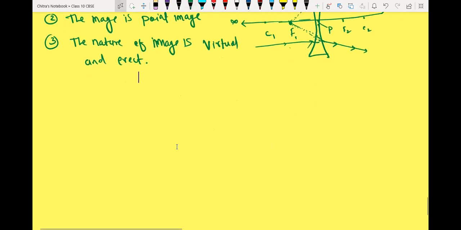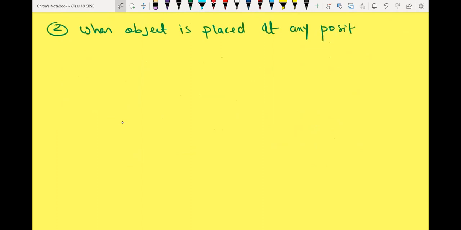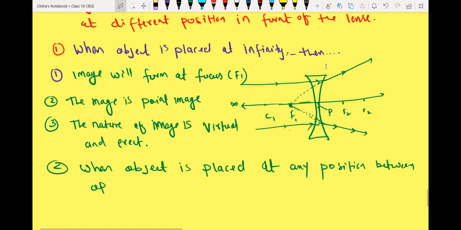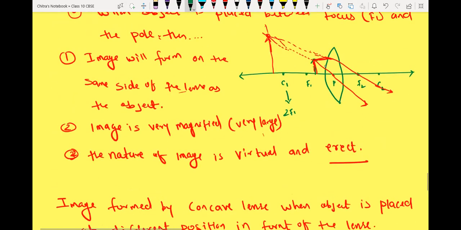Second condition: when the object is placed at any position between the optical center and infinity. Every time I have taken the pole, but it is not a pole, it is the optical center.